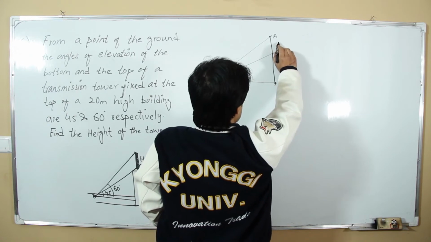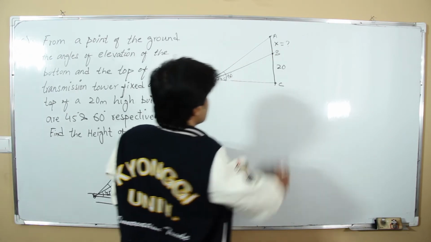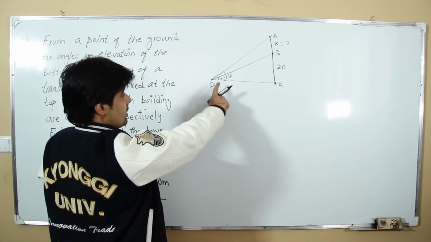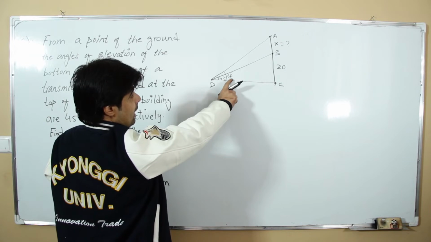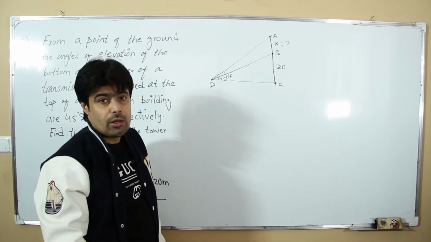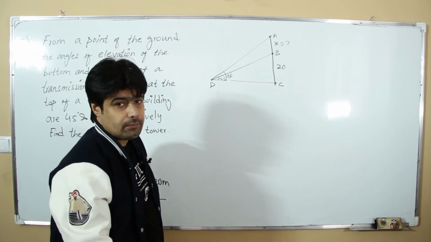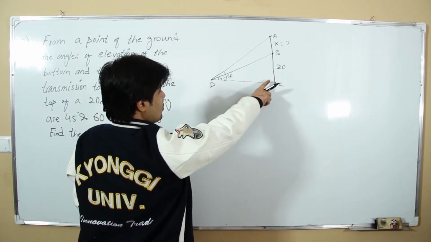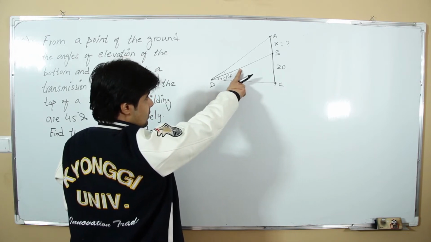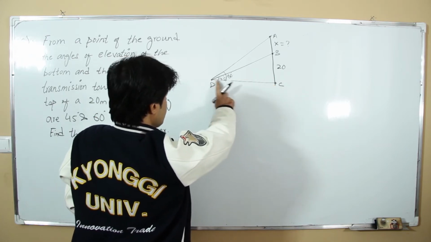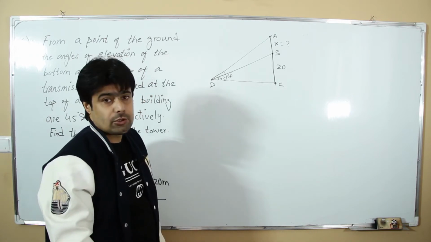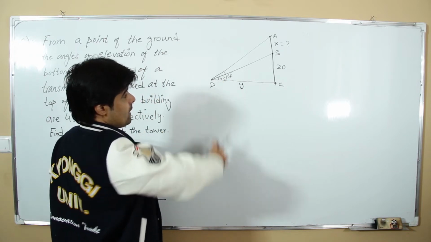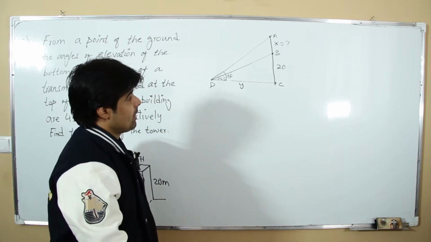AB is not given, which is x. You have to find. Now, first, with the 45 and 60 degree, what sides are given? I think we have opposite. And we don't know this line, which is hypotenuse, and also we don't know this line, which is adjacent. Suppose our adjacent is y, which is same in 45 degree and 60 degree.